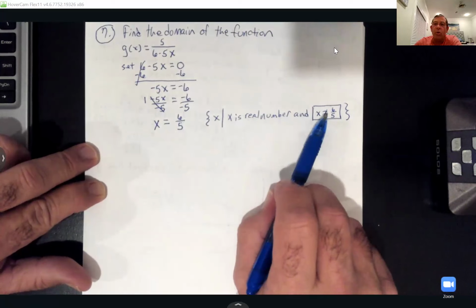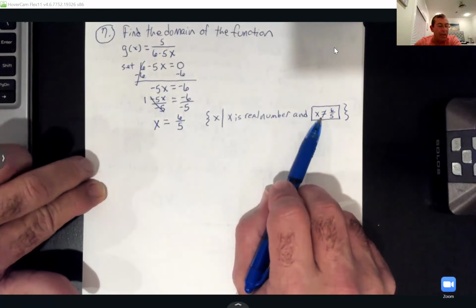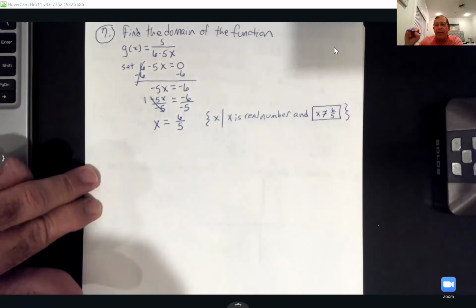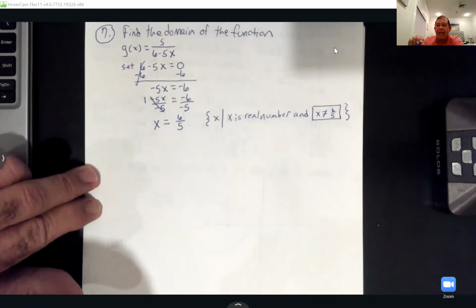Make sure you choose the one with the not equals, okay? One of these will have like a less than equals type stuff, but you need the one with the not equals on it, okay? So yeah, this one might have an A, B, C, D answer on it, I think.